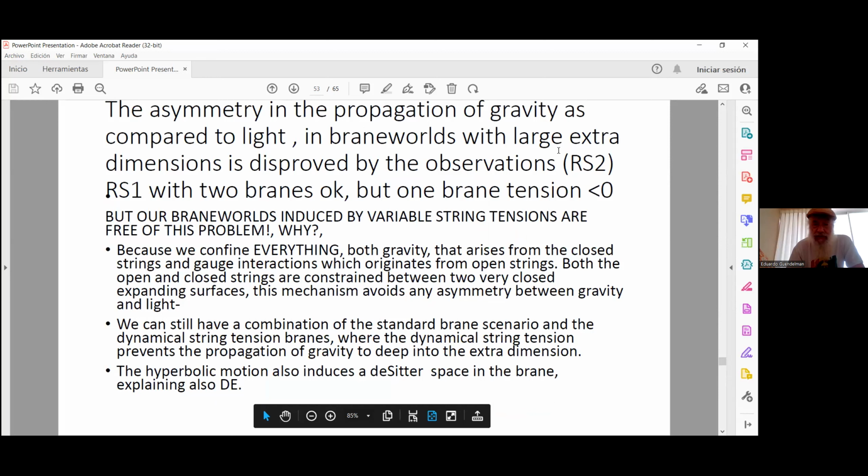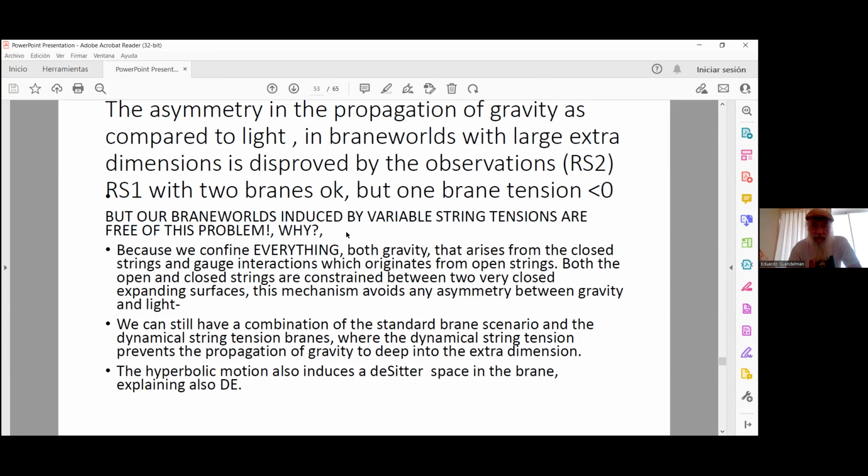Brane worlds with extra dimensions are disproved. This is, for example, Randall-Sundrum 2. Randall-Sundrum 1 with the 2 branes is okay, but the tension of one of the branes, recall, is negative. So from a theoretical point of view, this is a little bit weak.